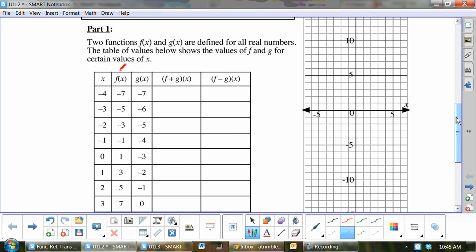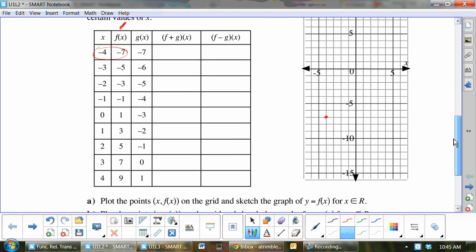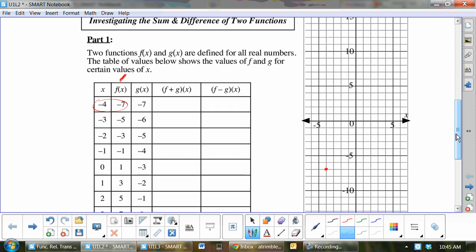So I'm just going to look at the first one: (-4, -7). If we graph that, it would be right there. And then I'm going to look at the last point, which is (4, 9).